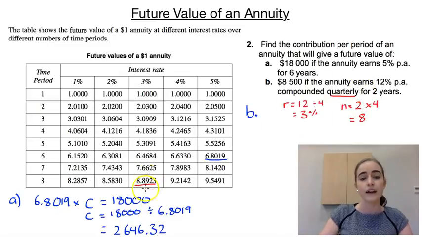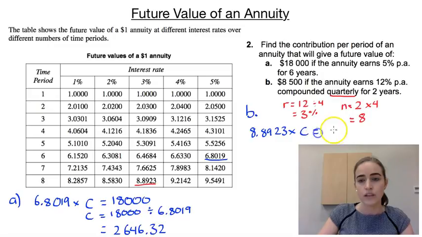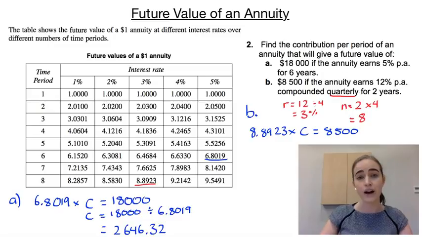So once we've got all that, it becomes the same working out as part A. So we're going to have 8.8923 times our contribution would give us our $8,500, which is the future value we're after.